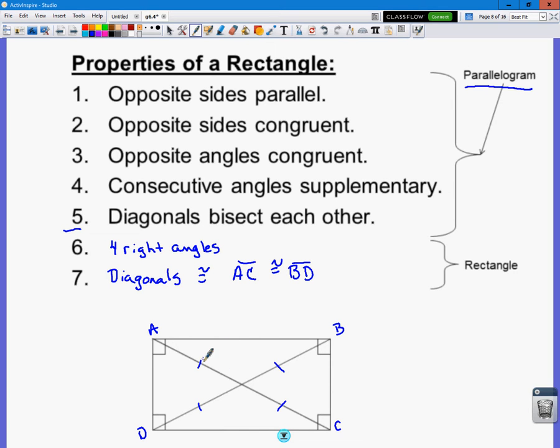If I told you one of them was 10 units long, all of them would be what? 10 units long. So, we need to remember that there's 5 properties for a parallelogram. There is 2 additional properties with a rectangle. That it has 4 right angles and the diagonals are congruent.